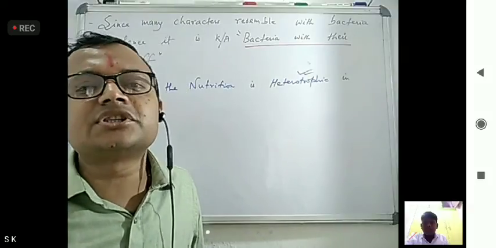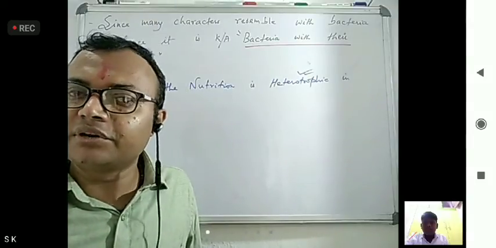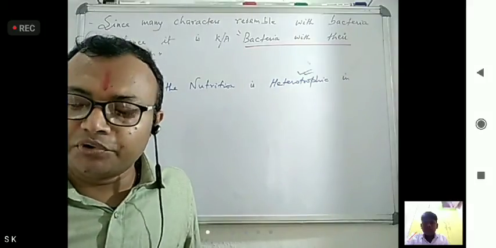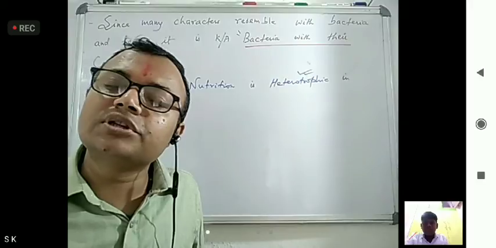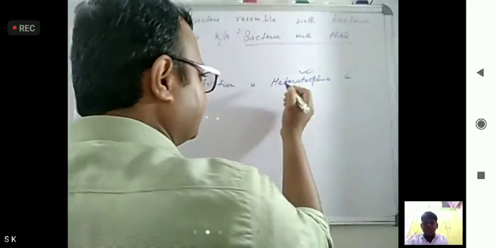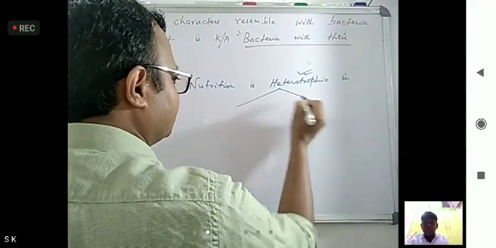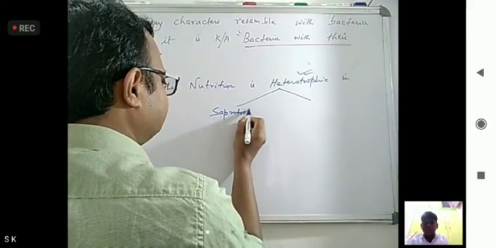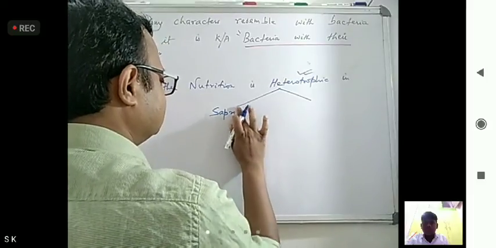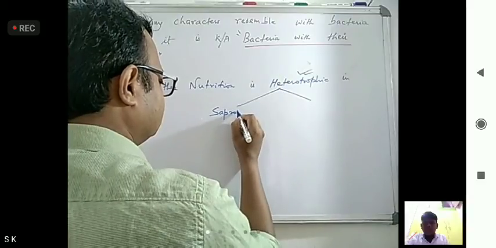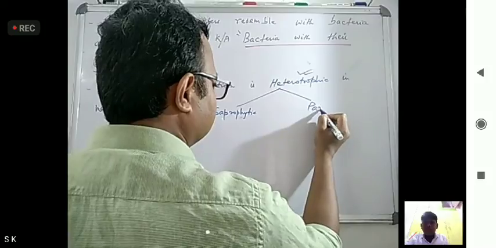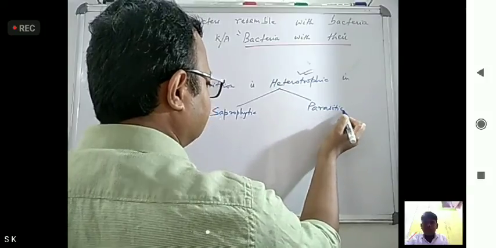In heterotrophic they are having saprophytic, because they are found in where? Soil. So they are having saprophytic and mostly they are parasitic. So what we can say? In heterotrophic, some are saprophytic and mostly are parasitic.